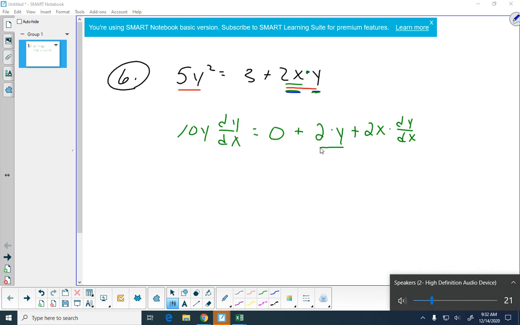So combining these together, we have 10y dy dx. Now what we need to be able to do is take this over to the other side, because we need to bring the dy dx's together. So we can subtract off the 2x dy dx, and this is equal to 2y.